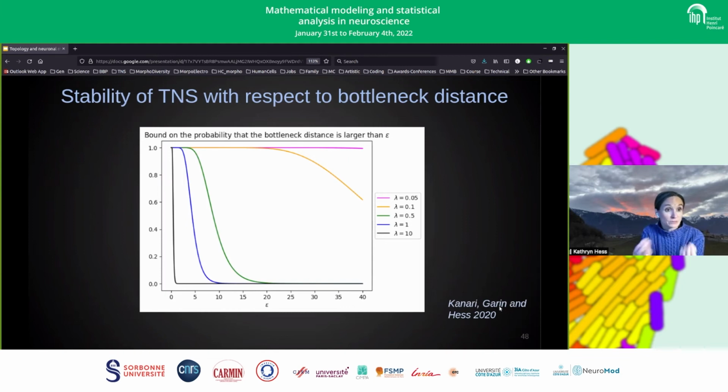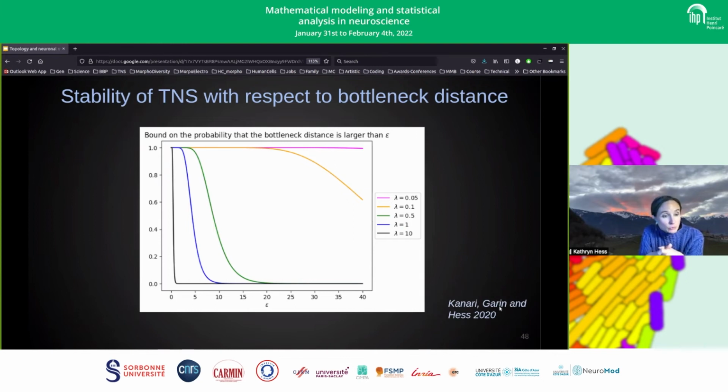And the question is, how different are the two barcodes, the one you started with and the one that you get from the output? The notion of distance one uses between barcodes, there are a number of possible distances. One of the most commonly used is something called the bottleneck distance, which is a sort of optimal transport distance. And so we said, okay, let's look at how far apart these are in terms of the bottleneck distance.